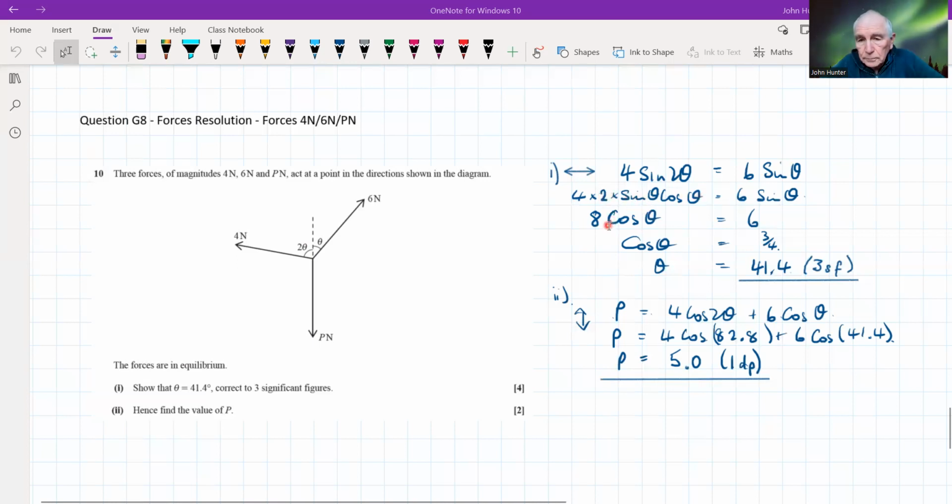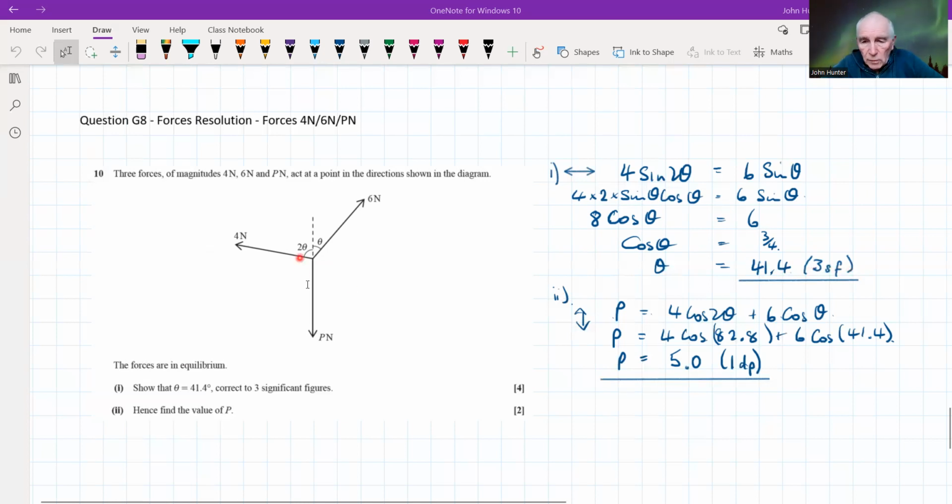So there we go. If we evaluate that, 8 cos theta equals 6, cos theta equals 3/4, and therefore theta, if we take the inverse cosine, is going to give us 41.4 to three significant figures.